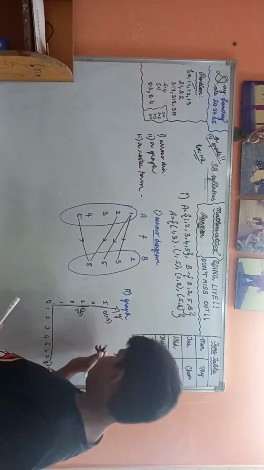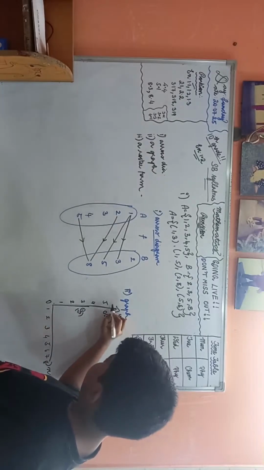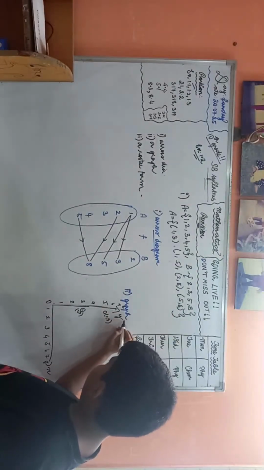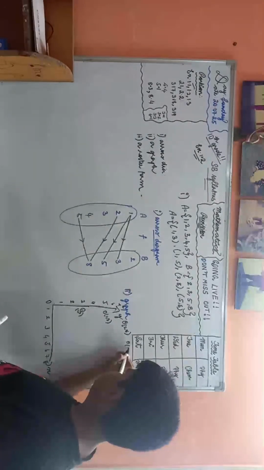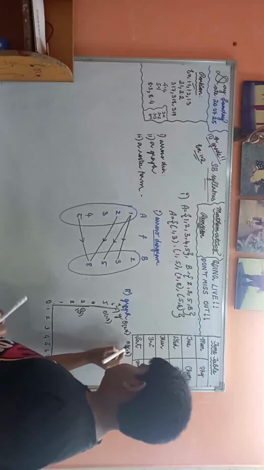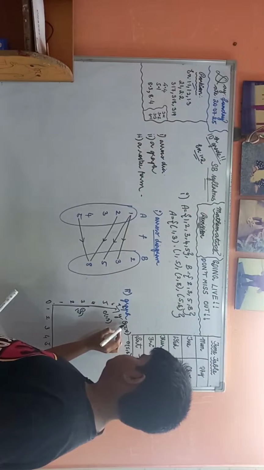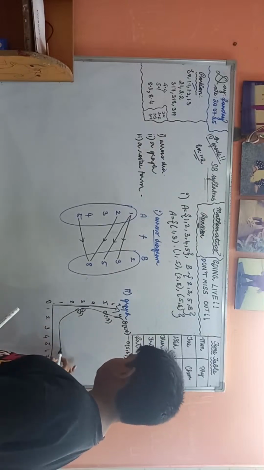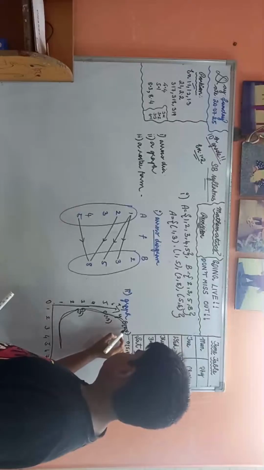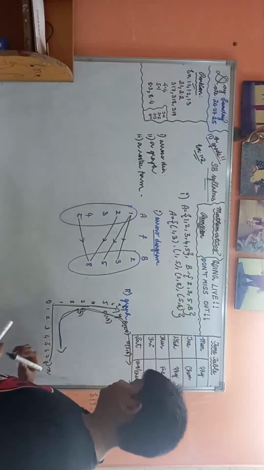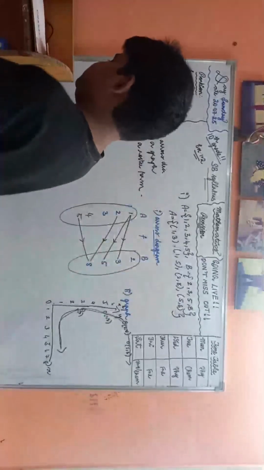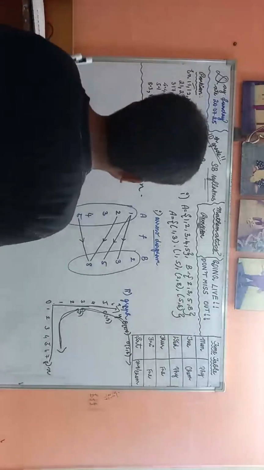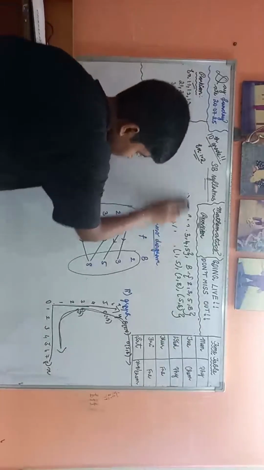Next one there was (2, 8) and (5, 8). If I actually look at this, guys, this will become a curve. And the roster form is just this. That's it, guys. So no need to go for extra understanding or more.